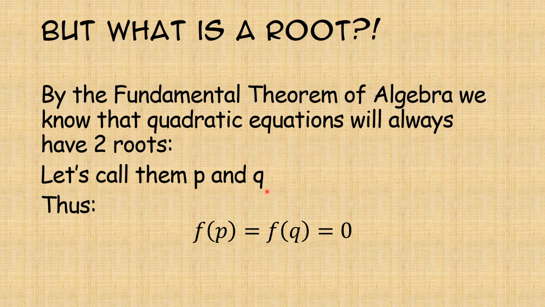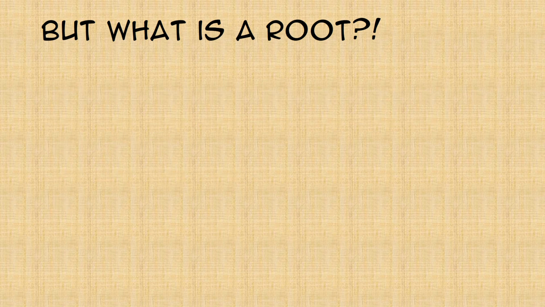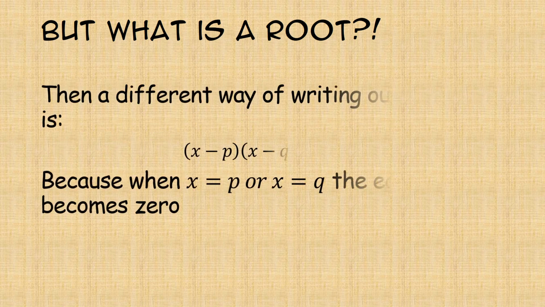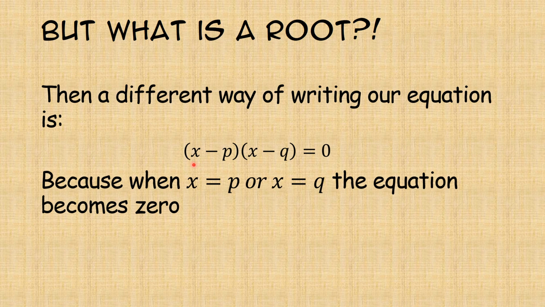And by the definition of a root that we mentioned earlier, we know that f(p) and f(q), if we substitute p and q for x, will cause the equation to become 0. Therefore, a different way of writing our equation can be the following. We can factorize it into (x minus p)(x minus q), because we know that when x equals p, or when x equals q, the equation becomes 0.